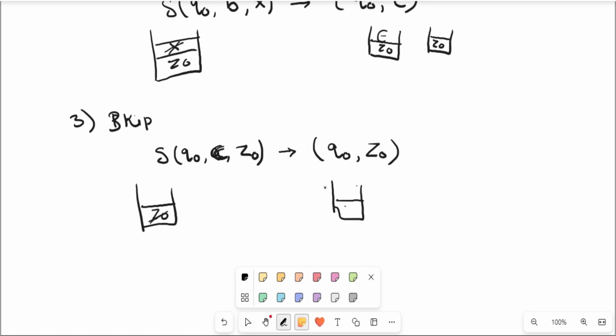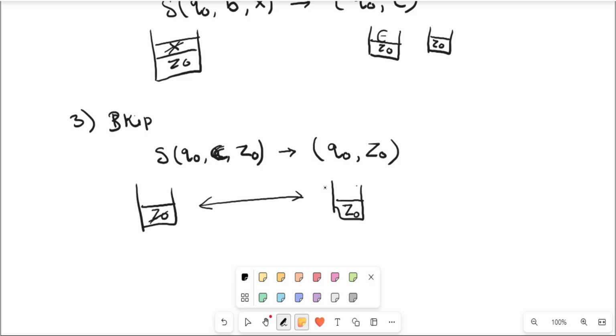After removing z0, whatever is written on the right hand side is pushed onto the stack, so z0 is inserted again. Both stacks are the same, so after this transition we do not push or pop anything, and our stack top remains z0.